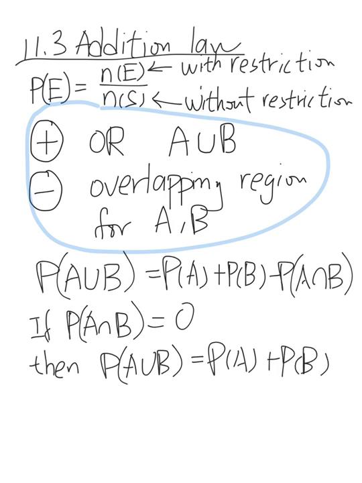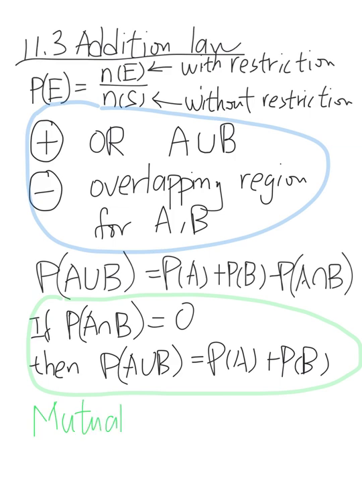Okay, so if the probability of A and B is equal to 0, we have a fancy term. Normally we'll talk more about this in M1. We just simply go through this wording: mutually exclusive events.